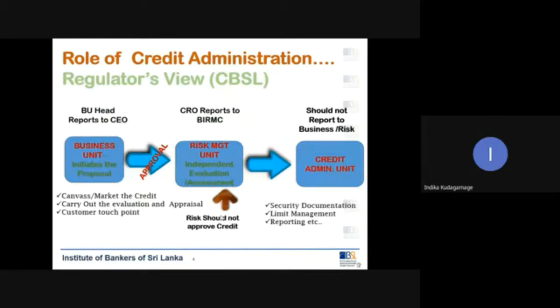Business line can approve the facility, risk can give the guideline, then the disbursement part, the core banking system input part, everything has to be done by a third party who is not reporting to the business line or to the risk line. So it is an independent unit. They will look at the appraisal. Then they will say, no, these covenants are wrong, these covenants should be changed. Like that, they will give their inputs.